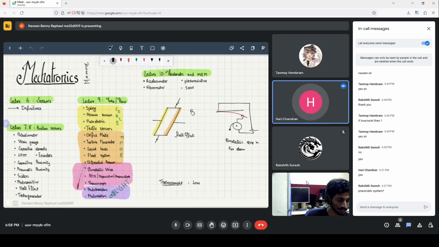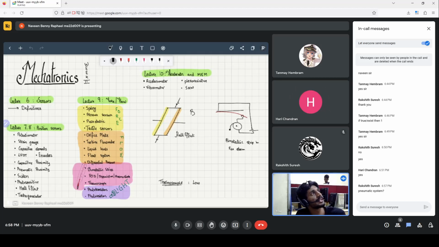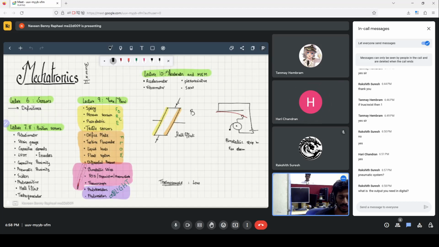Here, the pneumatic proximity sensor, let me check. Give me a second. Personally, I wouldn't use the proximity one, because that pressure sensor had a boolean output. It didn't give us a specific value. It gave us whether it's true or false, like whether the pressure is high enough or not.